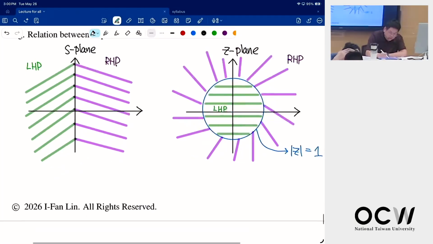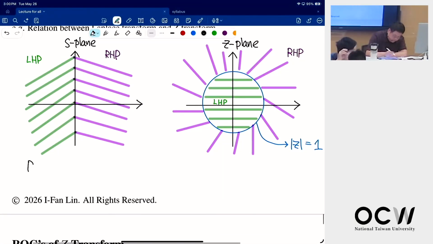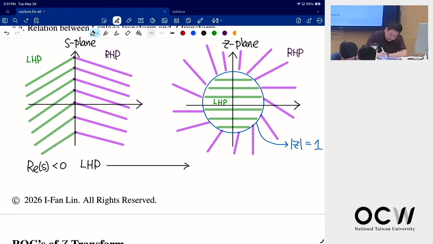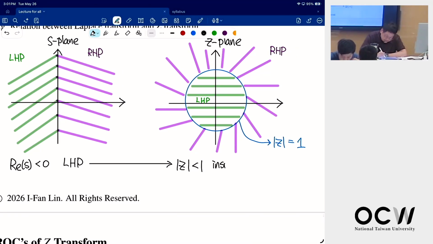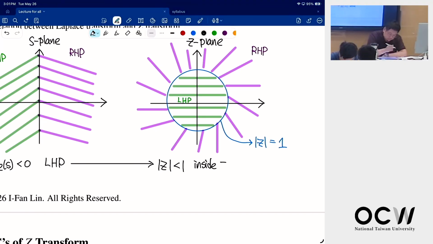Actually, when the region of convergence is less than 0, we have the left half plane, which maps to z less than 1, so it is inside the unit circle.